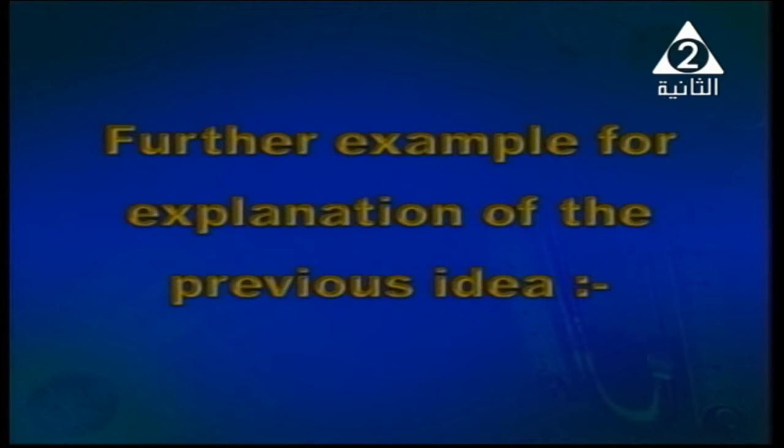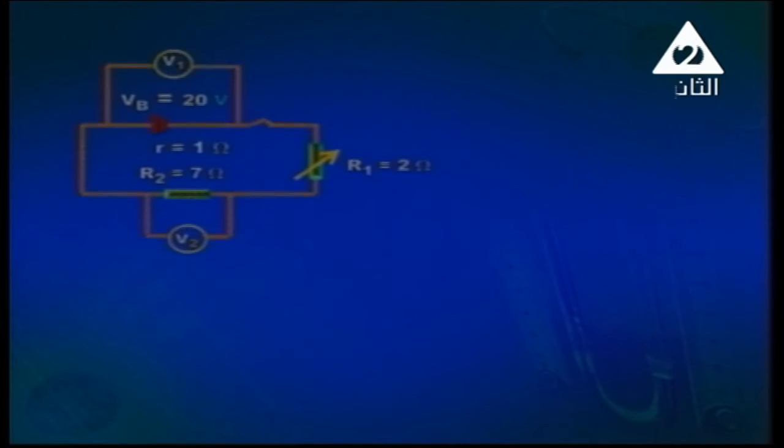Here is a further example for explanation of the previous idea, but we'll explain it using figures and numbers. In front of you, we've got a battery of 12 volt, so V battery is equal to 12 volt. Internal resistance of the battery is equal to 1 ohm.